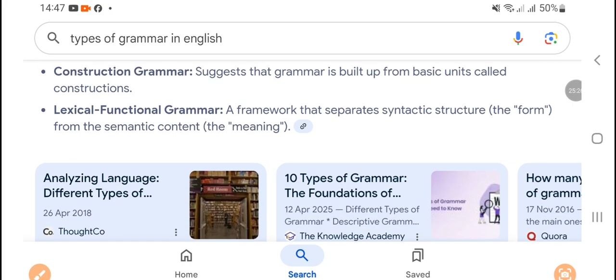Construction grammar suggests that grammar is built up from basic units called constructions. And basic units are what? Letter, then word, then phrases, then clauses, then sentence, and then paragraph. So the basic unit is letter.